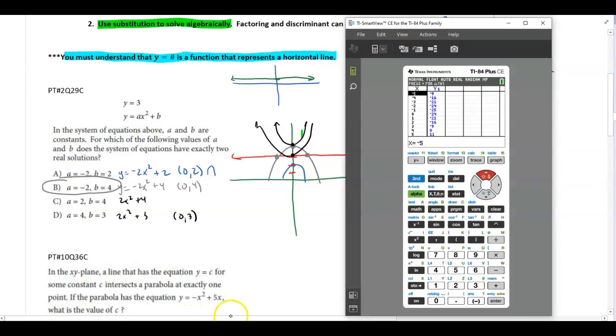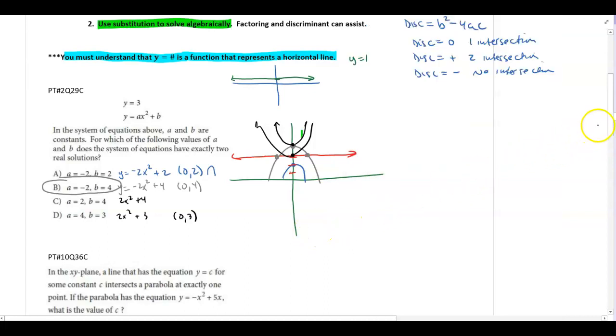I could also go to my calculator, plug in 3, and substitute these values in, such as negative 2x squared plus 4, hit graph, and I'll see that it intersects twice. For negative 2x squared plus 2, I hit graph and see that it doesn't intersect, so then I move on. So you could substitute a and b and then graph it on the calculator.